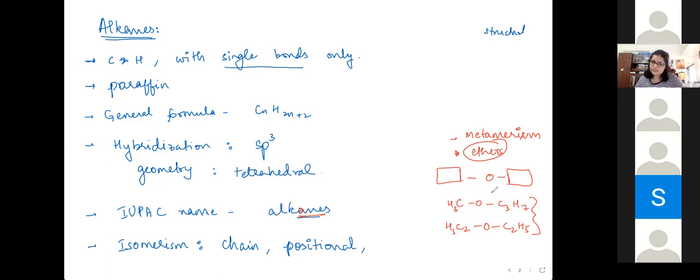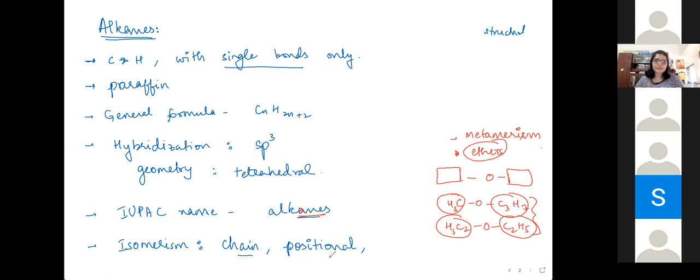Same functional group, but the number of carbon atoms is differing on the two sides in both these cases. So these two are called metamers. So this type of isomerism is metamerism. Now, do you find that in alkanes? No. So that's all the structural isomerism.